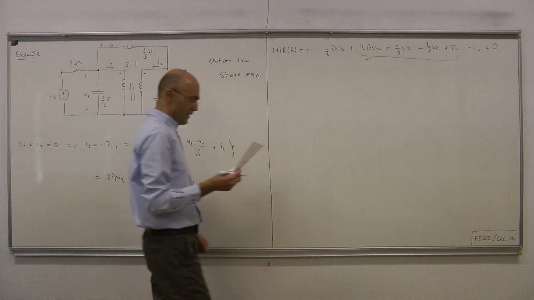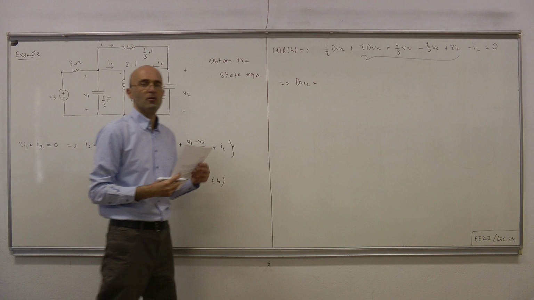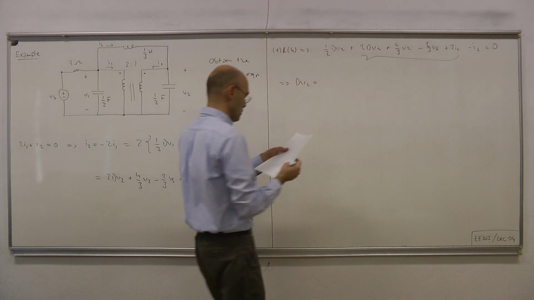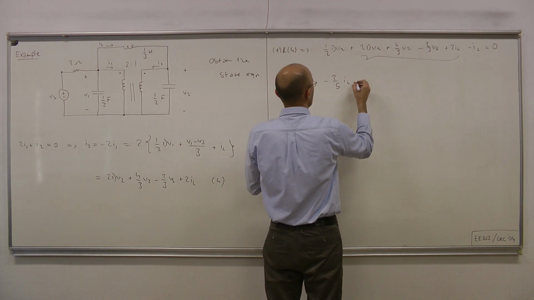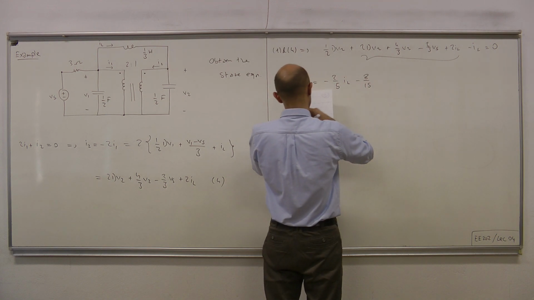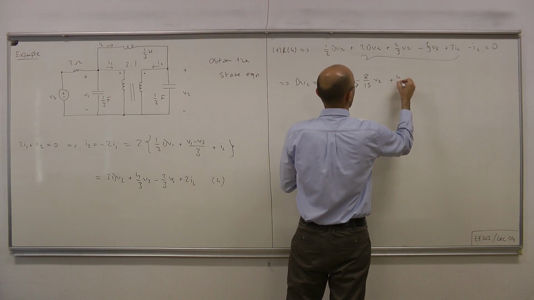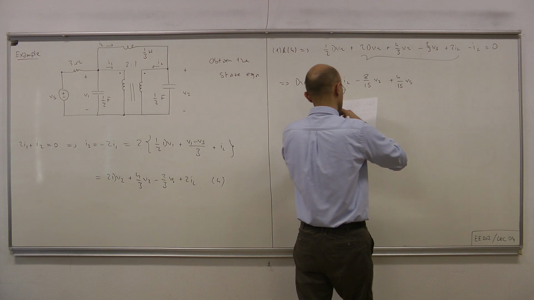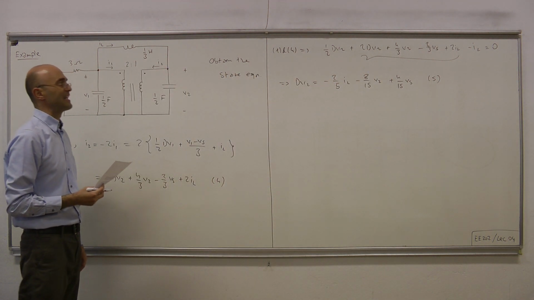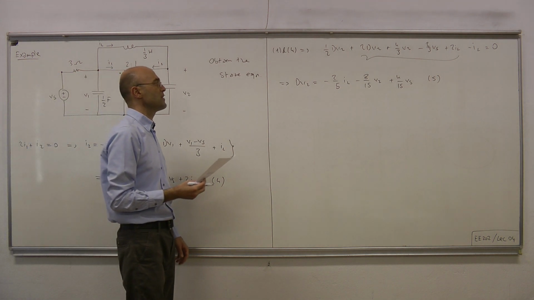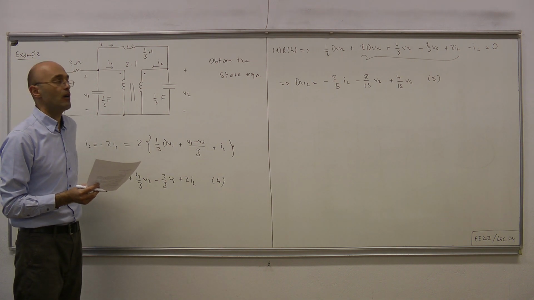Okay, and that will give us nicely dV2, or V2 dot. dV2 equals minus 2 over 5 IL minus 8 over 15 V2 plus 4 over 15 Vs. This is our equation. Finally, this equation is clean in the sense that it contains no variable other than our formulation variables.